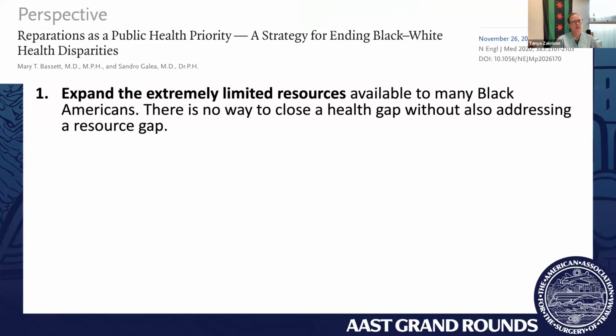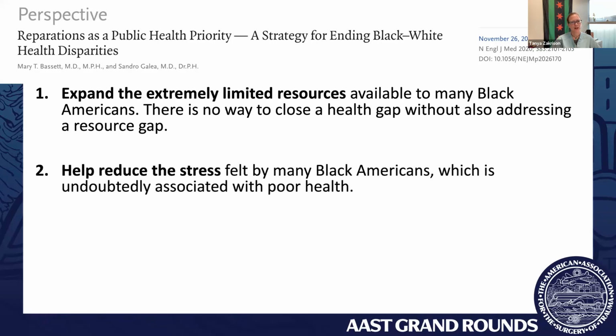Mary Bassett and Sandra Galea really spoke to this extremely well when they talked about structural reparations as a public health priority, because if we truly, as a community of trauma surgeons, are going to address the racial wealth gap, we need to do that from the ground up. So they talk about reparations in terms of expanding the extremely limited resources that are available to Black Americans.